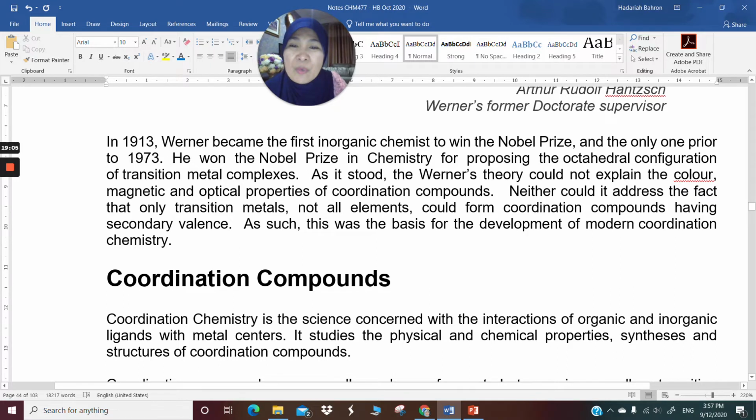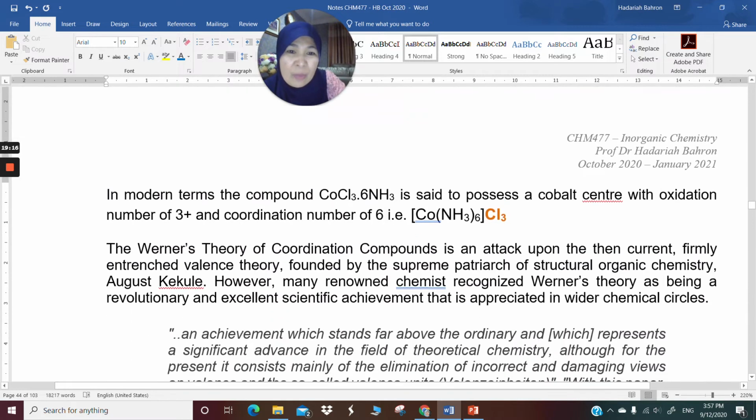Yeah. He won the Nobel Prize in Chemistry for proposing the octahedral configuration of transition metal complexes. Octahedral means here you have the cobalt attached to 6 ammonia, making an octahedral arrangement. Octahedral is 1 cobalt in the middle and 1 ammonia at the top, 1 ammonia at the bottom, and then 4 ammonia at the 4 corners of the axial plane.